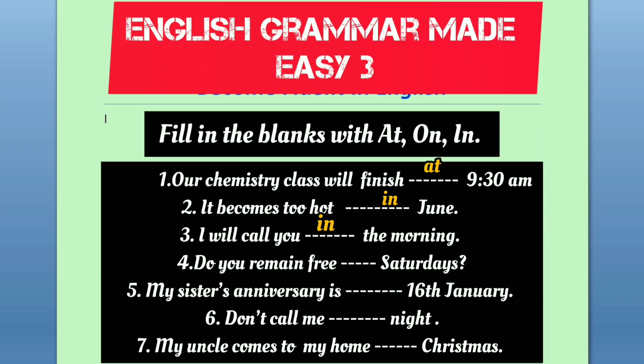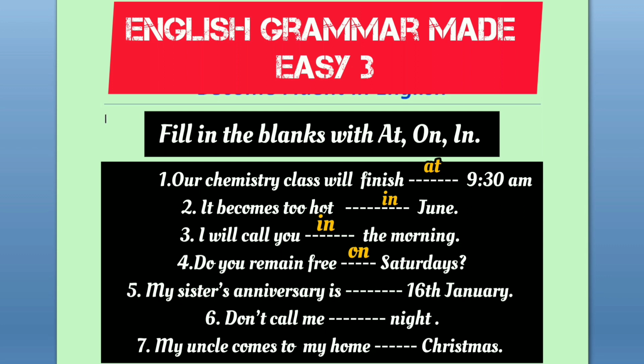Here there is a question mark, and obviously I'm talking about a particular day. I'm talking about Saturdays, right? So before days, as I already mentioned, any day of the week we use on. So do you remain free on Saturdays? We have to use on here.